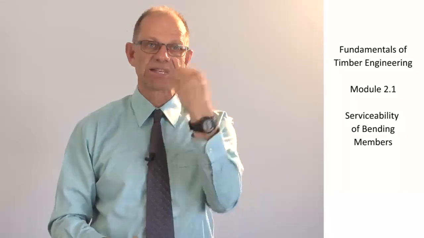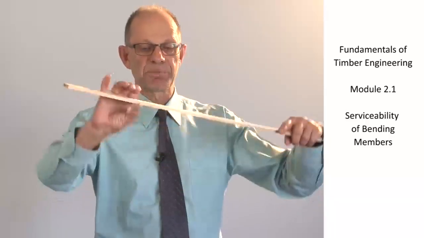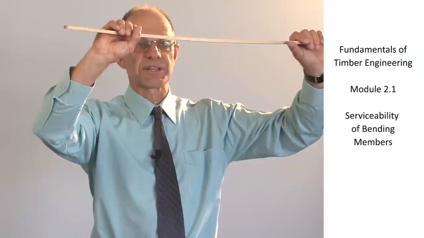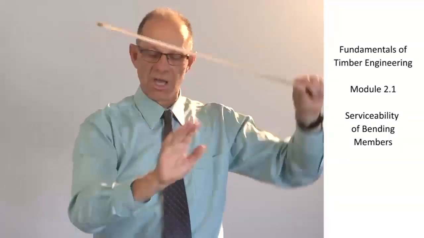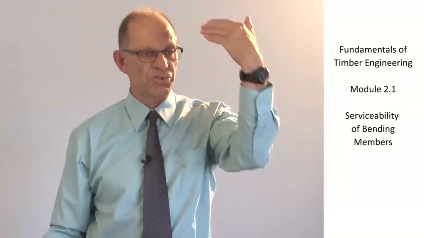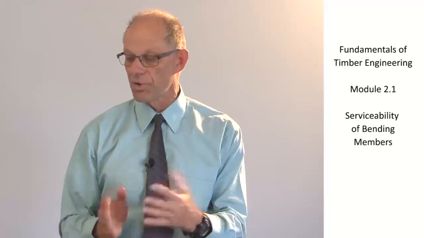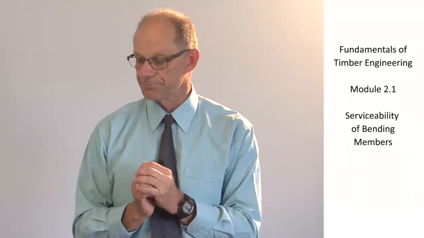That's an unintended structural load path. And finally, function can be affected by deflection. If a beam over the top of a door deflects too much, it can hit the top of the door and prevent the door from opening. And that again is a serviceability failure. They're the things that we're trying to avoid in checking the serviceability of members.